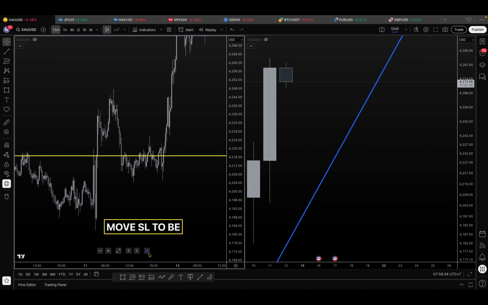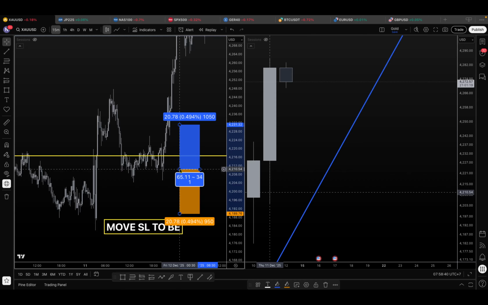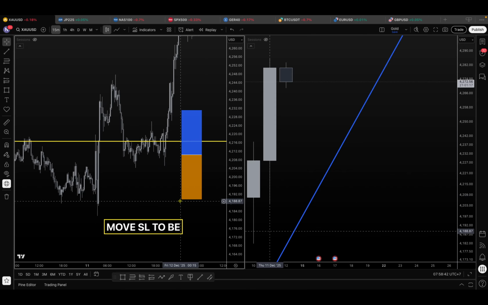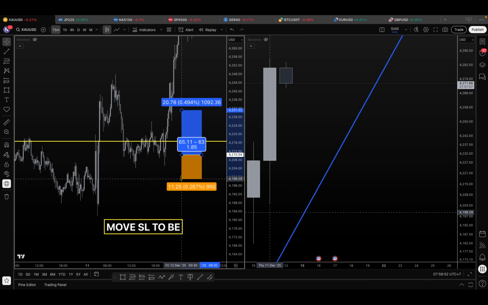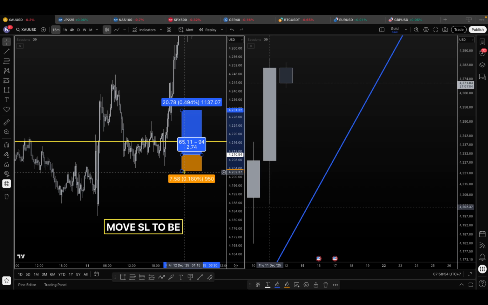I actually had a limit order right here, with the same stop loss, and I thought the price would hit that.